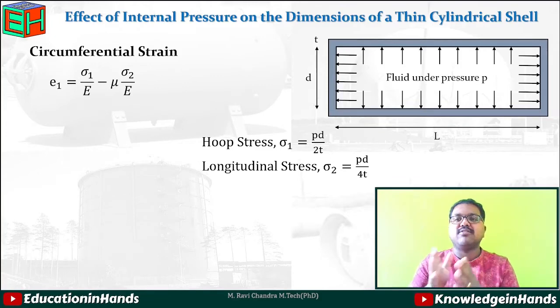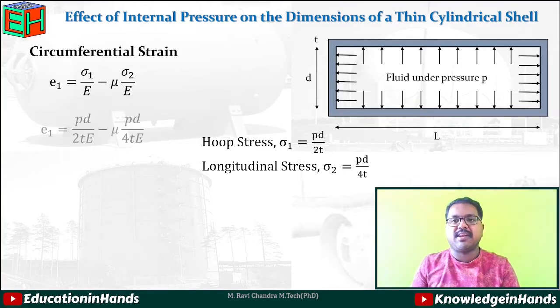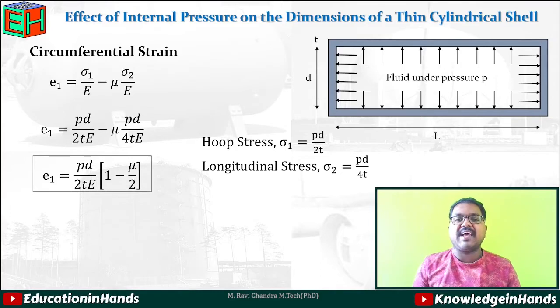Placing these values in the equation for E1, we get E1 as PD by 2tE into 1 minus mu by 2. So the circumferential strain is PD by 2tE into 1 minus mu by 2.